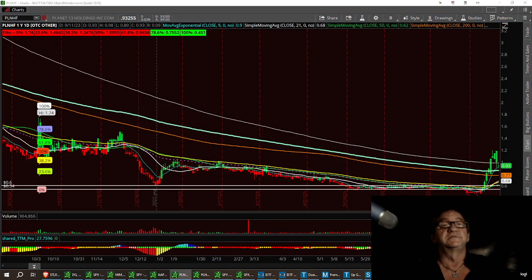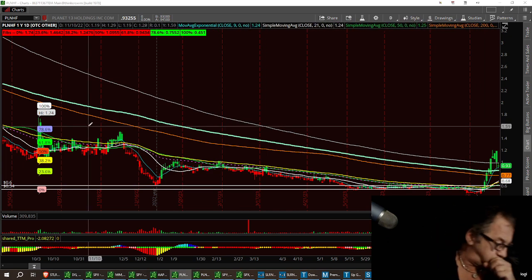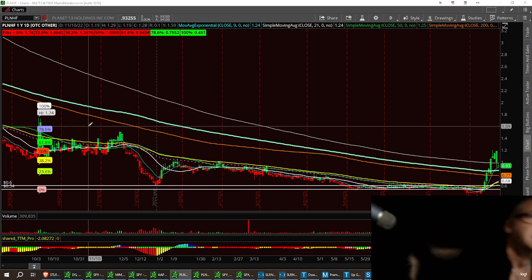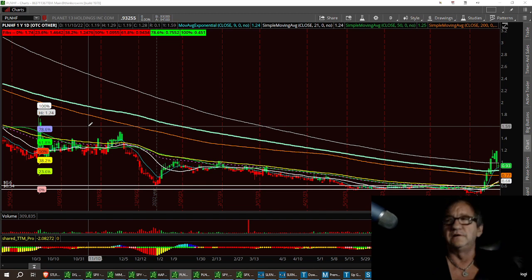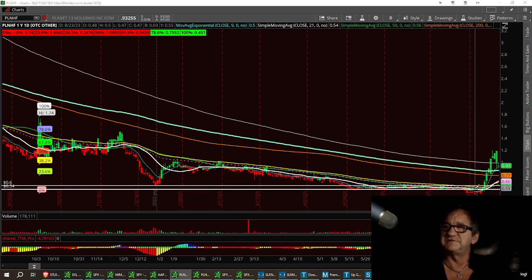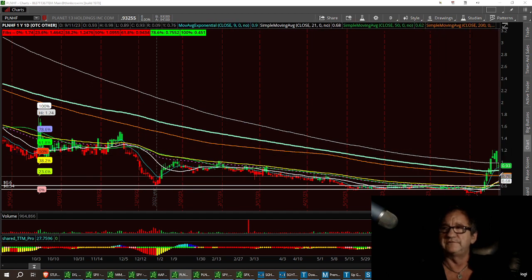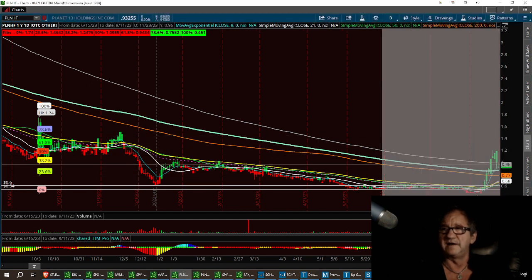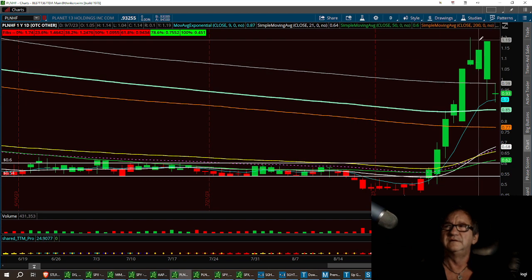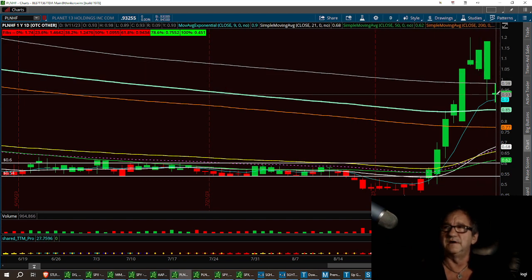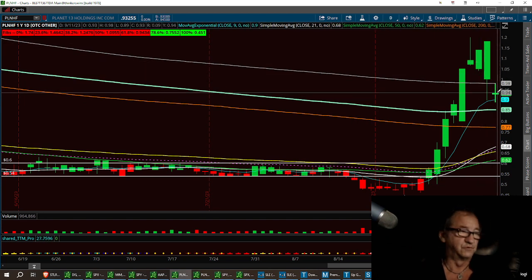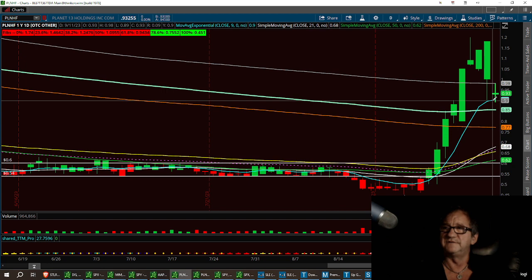So this is another good one that I called out. Planet 13 Holdings last week, and we had a run from 50 cents all the way to 120. Now we've come back and consolidated off the 9, so this is what I'm talking about. You got a hammer and you got a long leg doji, and we settled right in the middle and we bounced off the 9.